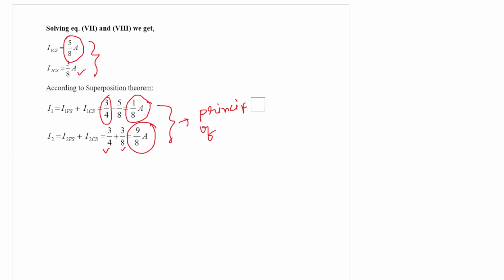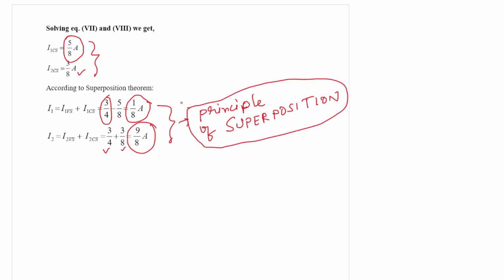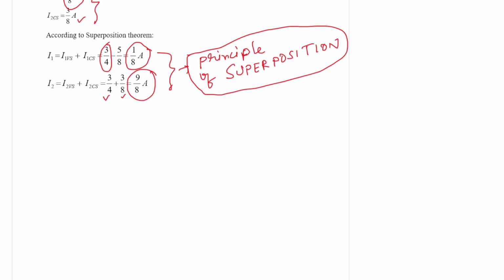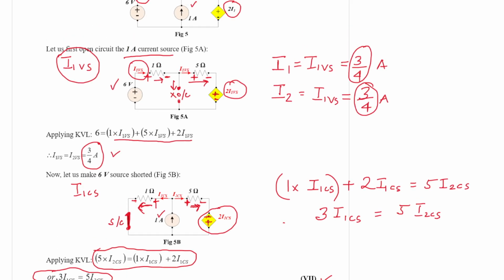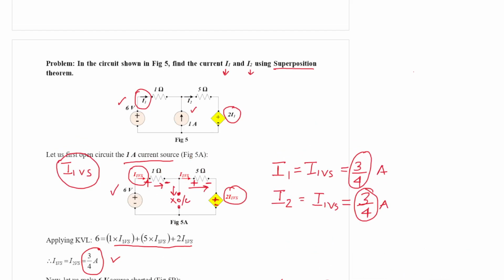You need to consider one source at a time, take its response, then the other source, and then add the individual responses to get the total response. So that is the solution for this problem.